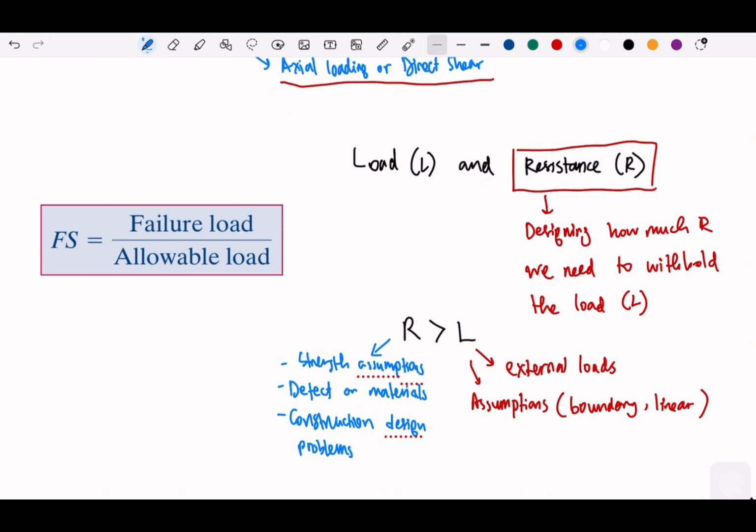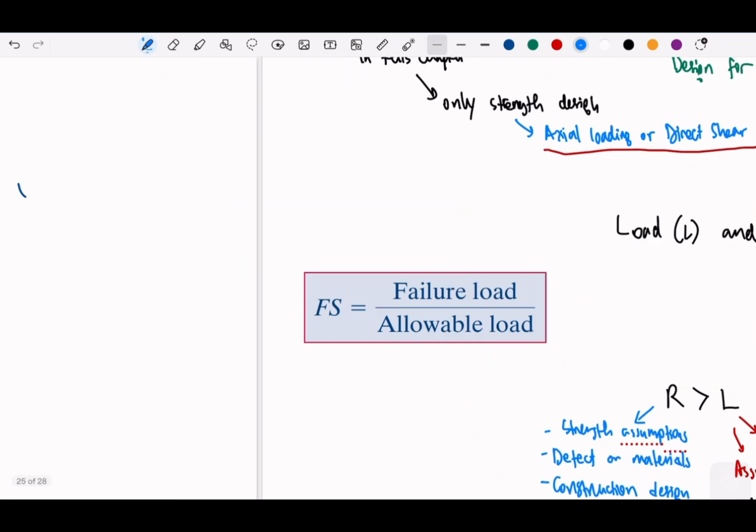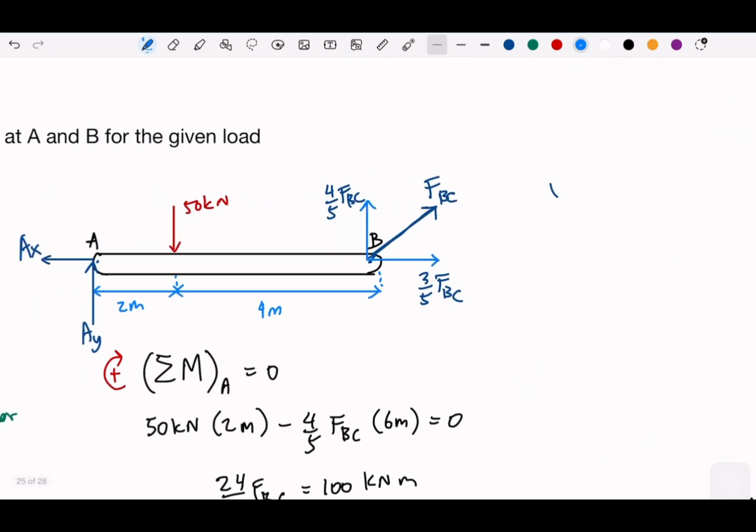Or sometimes the question will ask what the allowable load will be, so that you can design to withstand some external forces. For example, let's see the previous one here, then it could add some additional questions.